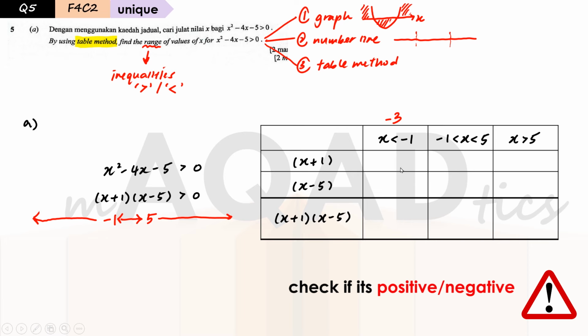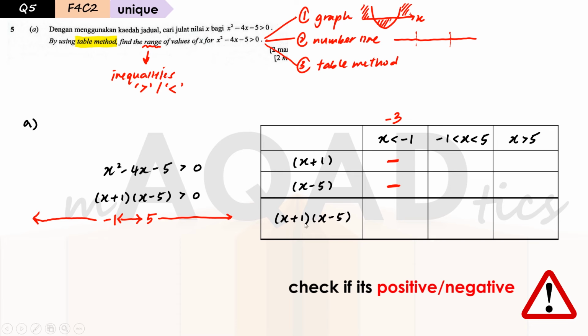We don't need to put the values, we just need to put whether it is positive or negative. So negative 3 put inside here, it's negative 3 plus 1, which is negative 2, a negative value. If we substitute negative 3 inside here, it is negative 3 minus 5, which is negative 8, so it's also a negative value.